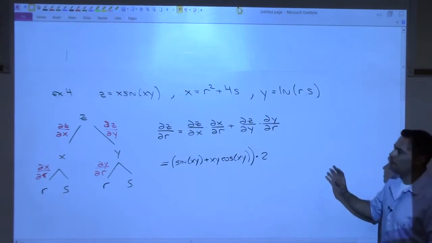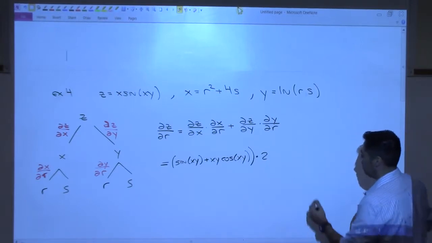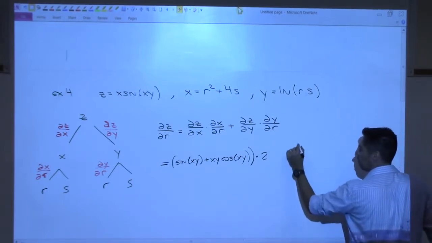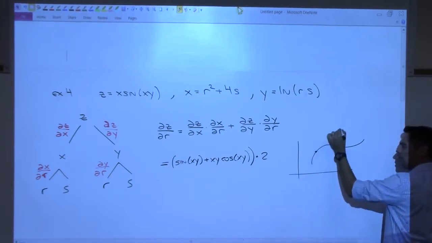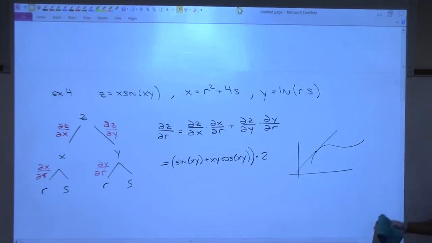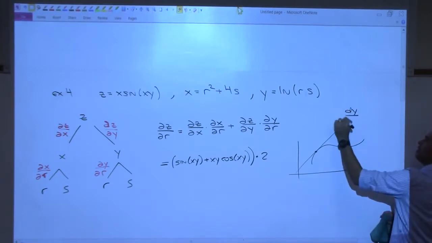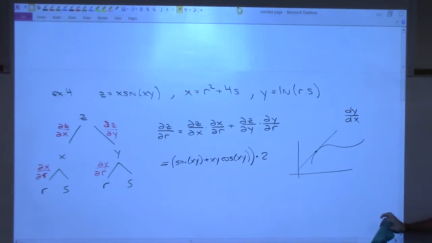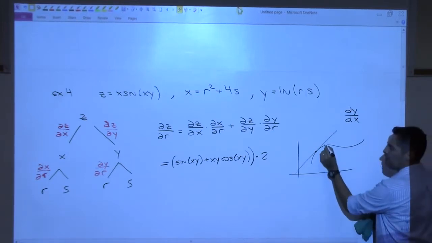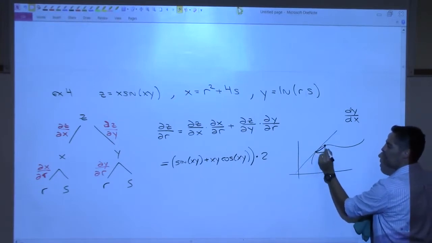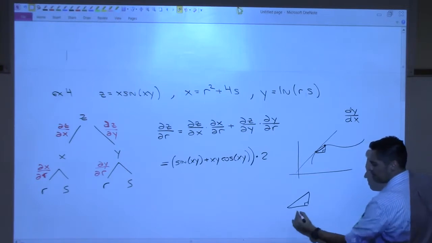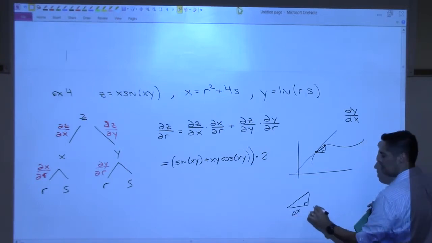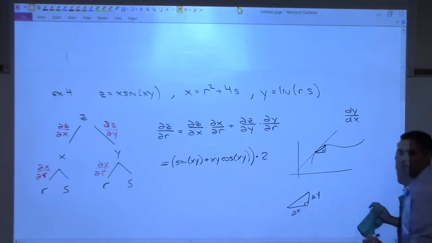I mean, we know when you go back to Cal 1, right? I hate to go back to this and keep harping on it, but when we have a function and you're trying to find the derivative, it represents the slope of the tangent line. It was the instantaneous rate of change. It was dy dx, yes? The way we got that is we imagined a separate point over here, and we drew a right triangle, and we basically said that this base side was the change in x, delta x, and this was the change in y, right?